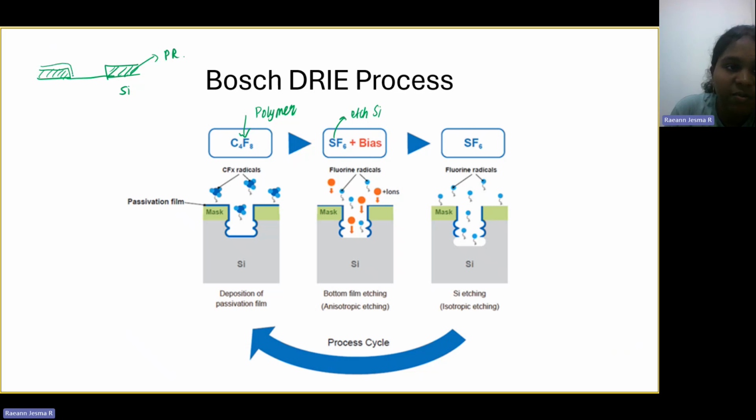SF6 will etch more in the vertical direction compared to the lateral direction. So after some time we will have some amount of etched silicon and we'll have PR. However, the polymer that is deposited on the side walls will still be there.